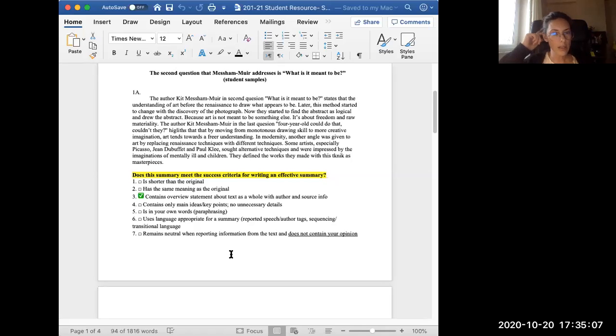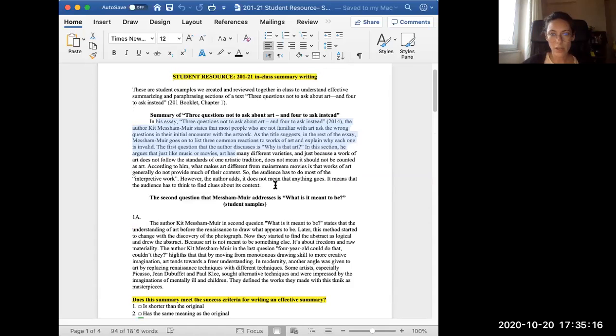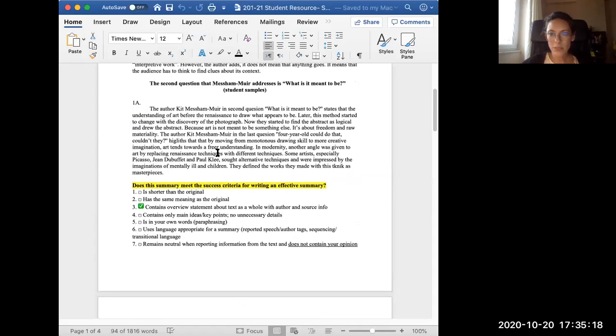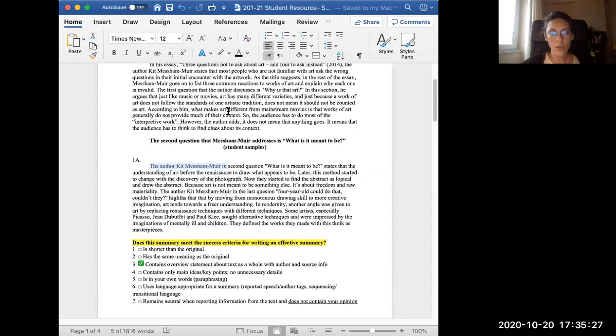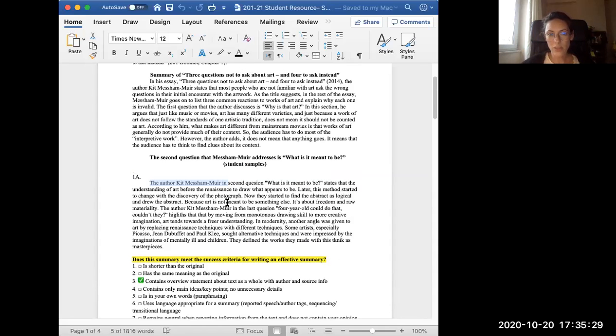So yeah, I think in general, my comments about this, I think this is a nice finish to the summary that was started up here. One thing I will say is that when you name the author, if this is a continuation from the introduction, we have the author's full name here, the author Kit Meshemuir, okay?